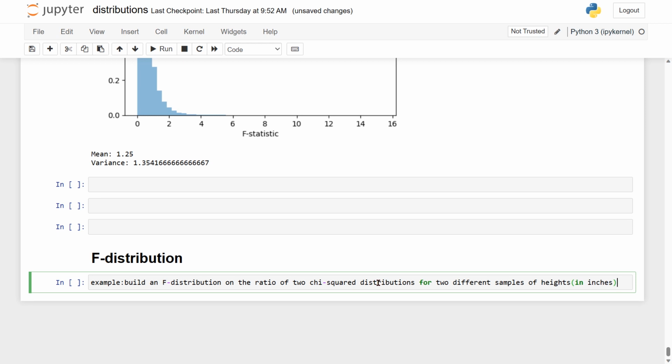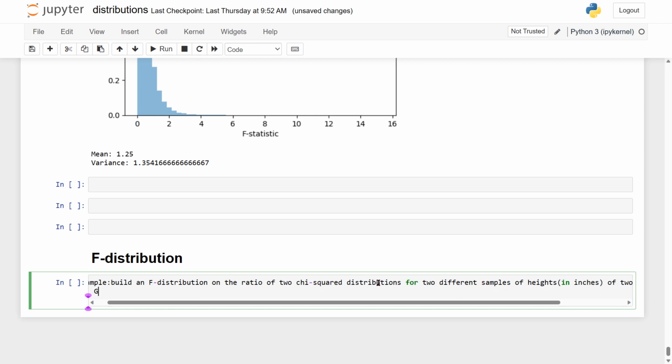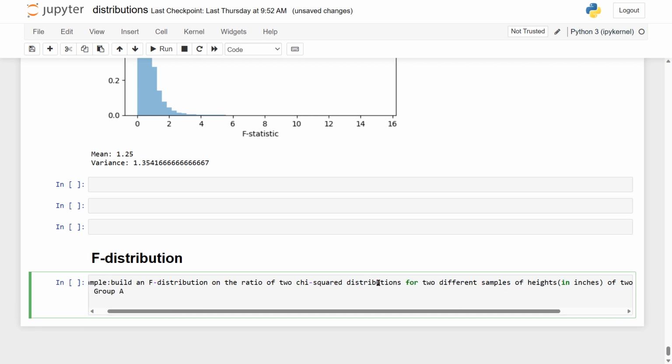This is very important. Of two different groups, that's where this F distribution makes a huge impact when it comes to data science. Let me name them group A and group B. This is our example.